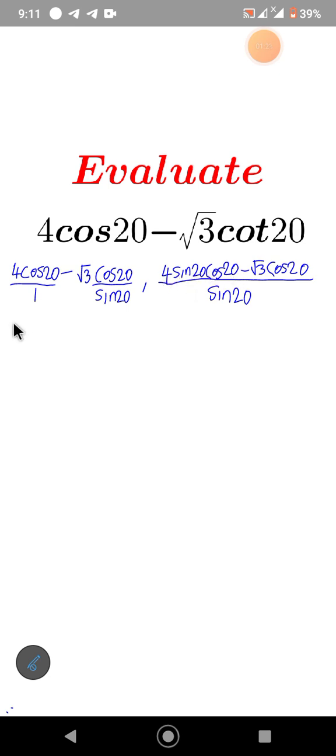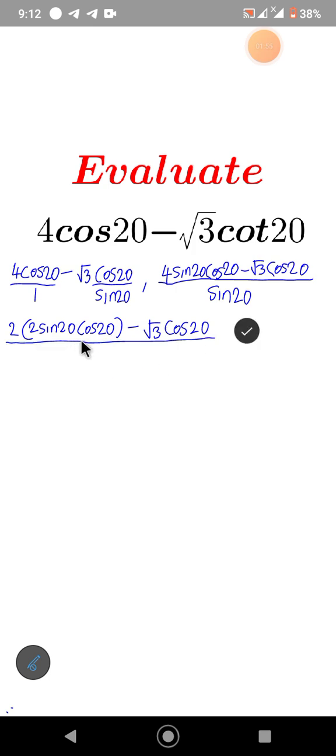So I'll write like this. I'll say 2 open bracket 2 sine 20 cos 20, close my bracket. Then minus root 3 cos 20 all over sine 20.